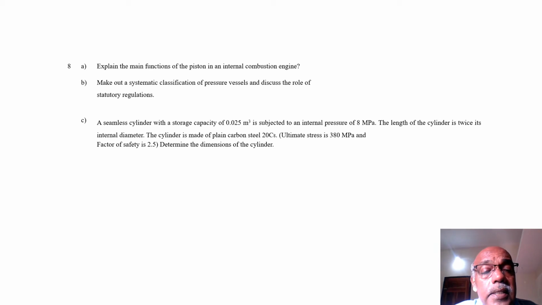Then, a seamless cylinder with a storage capacity of 0.025 meter cube is subjected to an internal pressure of 8 MPa. The length of the cylinder is twice its internal diameter. The cylinder is made of plain carbon steel, ultimate stress 380 megapascal and a factor of safety 2.5. Determine the dimensions of the cylinder. It's a pressurized cylinder design, internal pressure. So using the pressure, the cylinder has to withstand it.